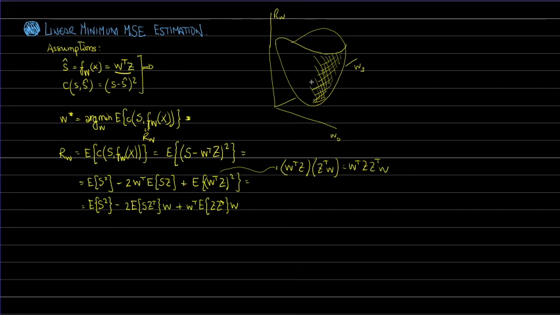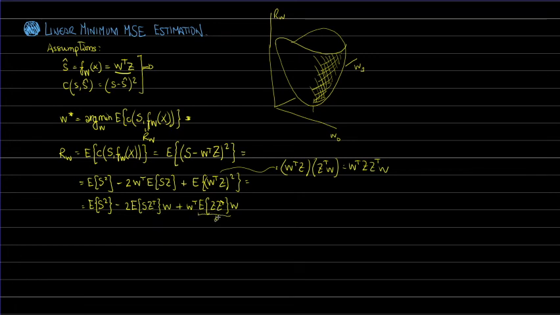This is interesting because in general a polynomial with degree 2 has only one minimum, and it can be computed by differentiation. So we can find the vector W minimizing the risk just by computing the derivative of this function and making it equal to 0.